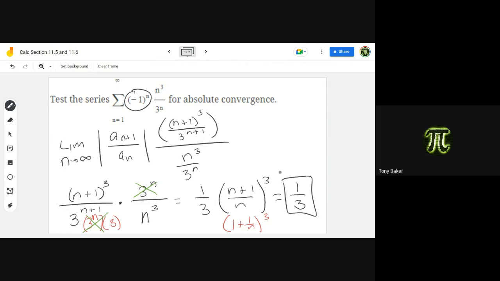So the limit in this case goes to 1/3. So is it convergent, divergent, or I don't know? It's less than 1, therefore it's convergent. And it's always absolutely convergent, or just divergent.